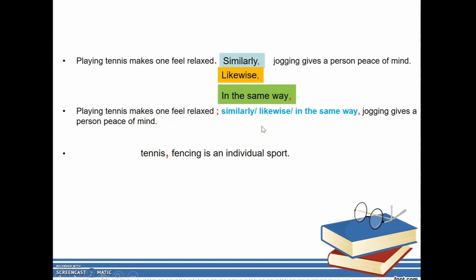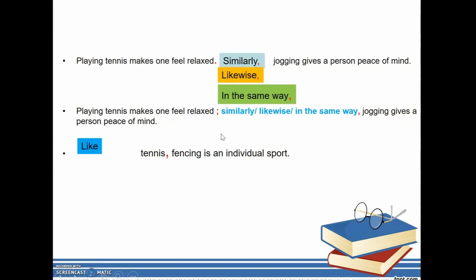So, playing tennis makes one feel relaxed; similarly, likewise, in the same way, you have the full sentence again. Please pay attention to the structures after these patterns. You have a full sentence. Full sentence means you have a subject, jogging, and a verb after these. Subject and the verb.